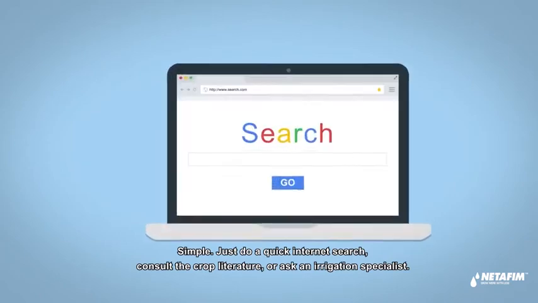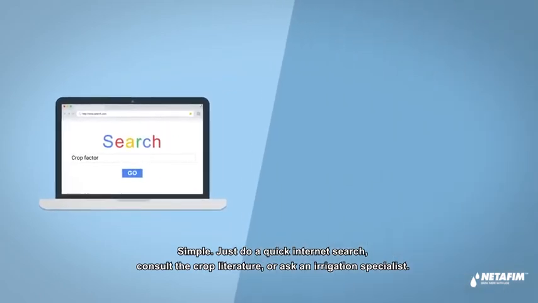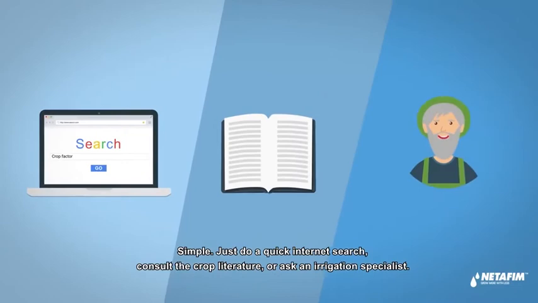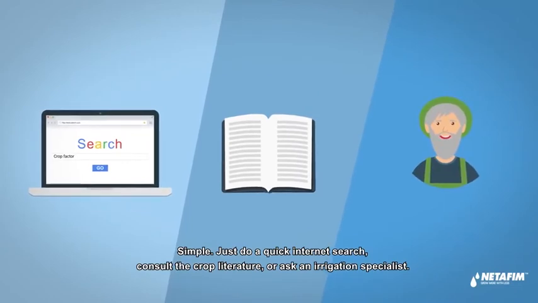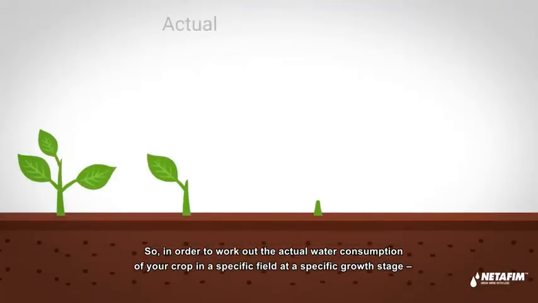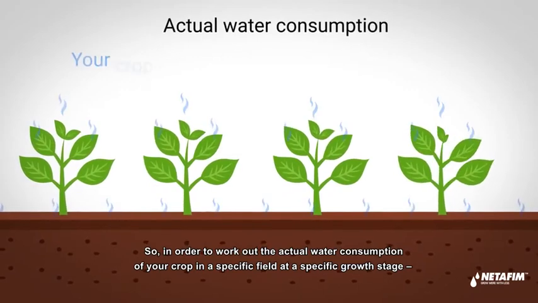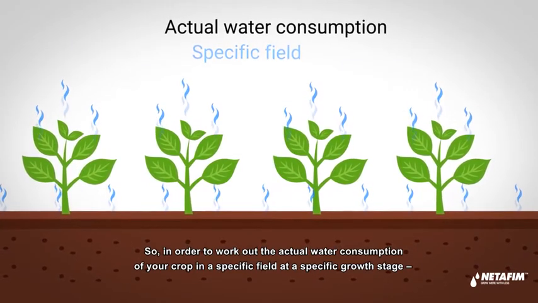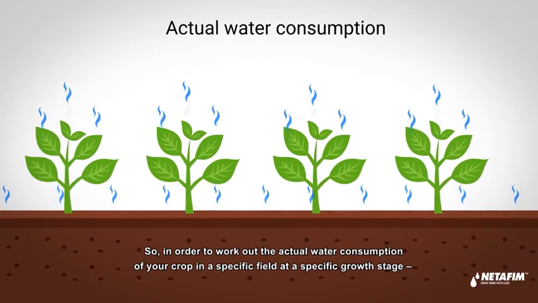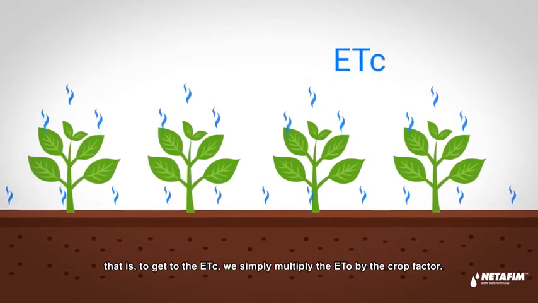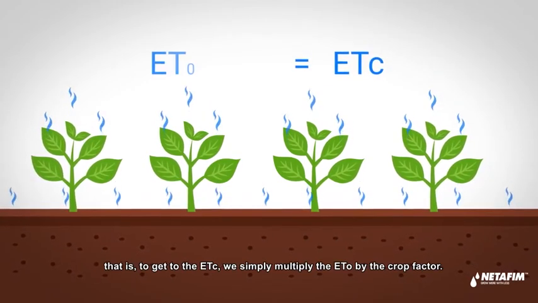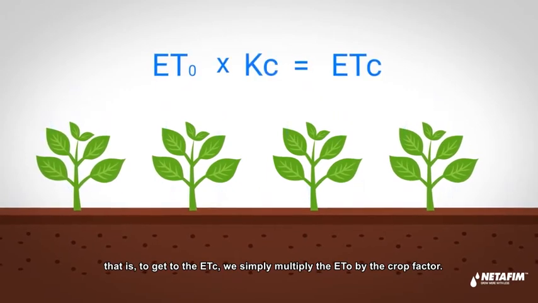Simple. Just do a quick internet search, consult the crop literature, or ask an irrigation specialist. So in order to work out the actual water consumption of your crop in a specific field at a specific growth stage, that is to get the ETC, we simply multiply the ETO by the crop factor.